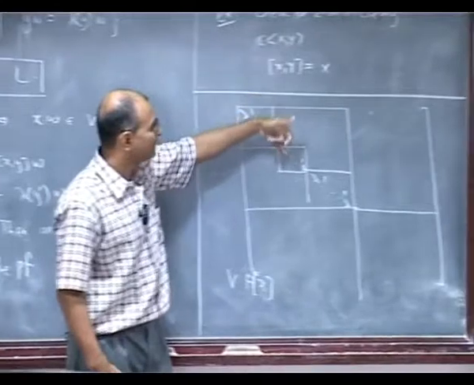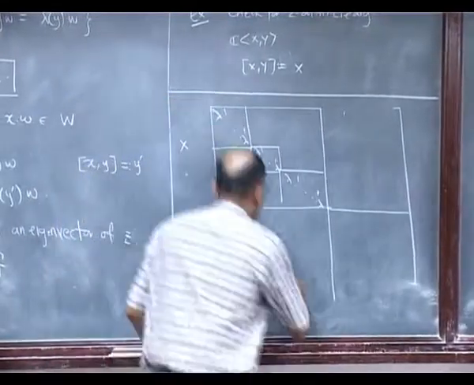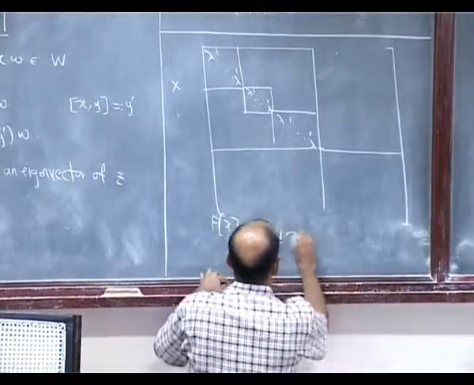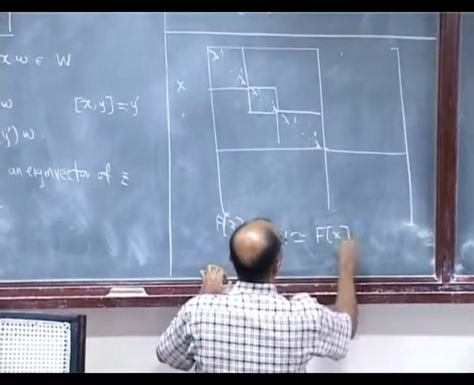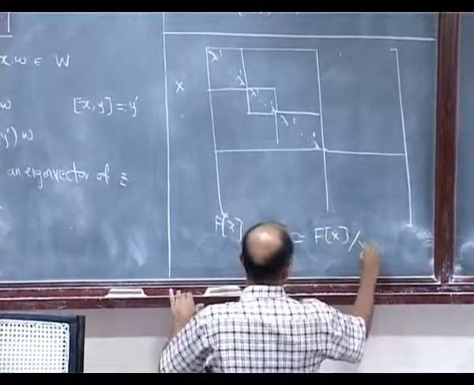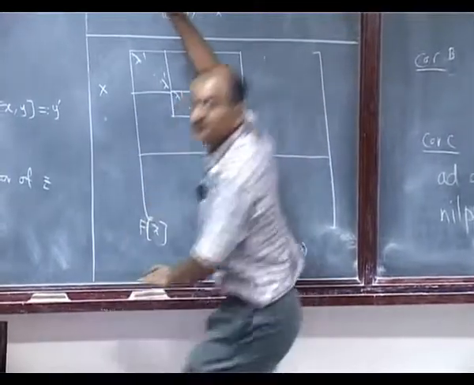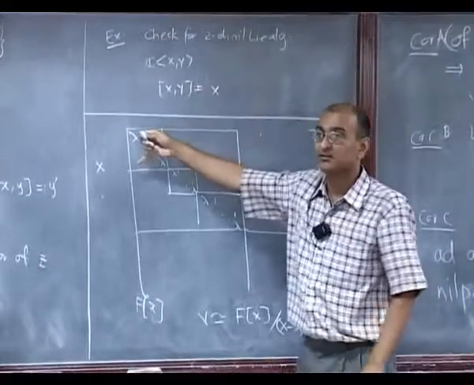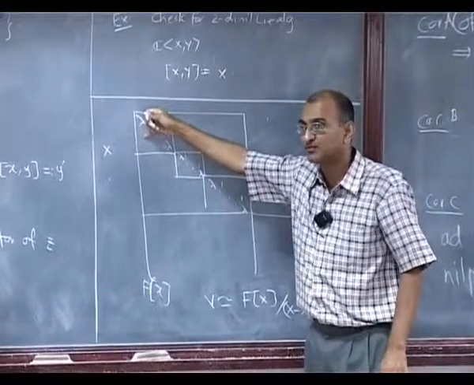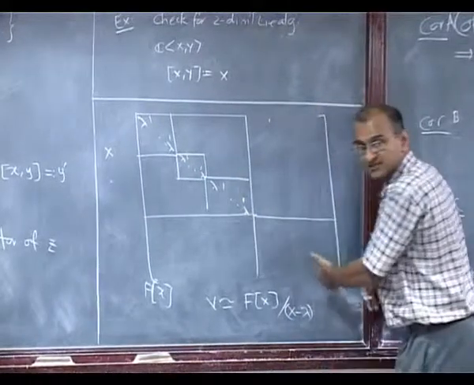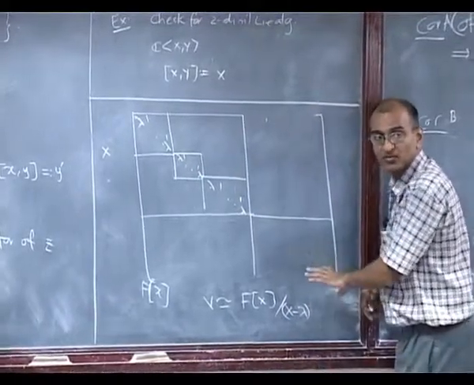It will be of the type V is isomorphic to F[x] modulo (x minus lambda) to some power, and this power will be the size of that block. So you will have 3 lambda terms, then as many mu terms as there are blocks of mu, and so on and so forth.